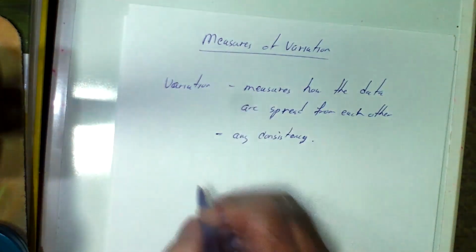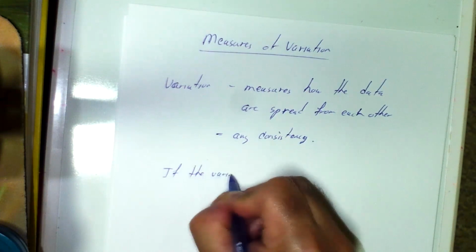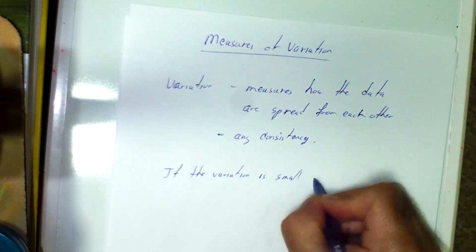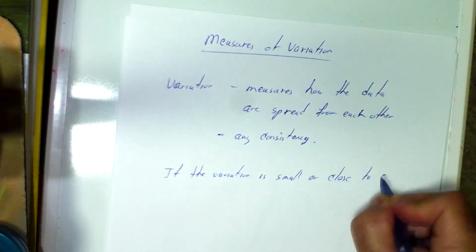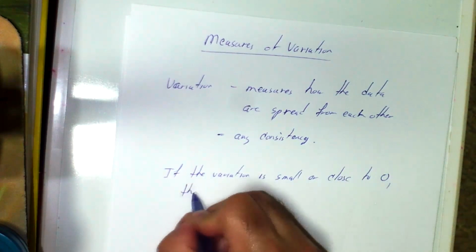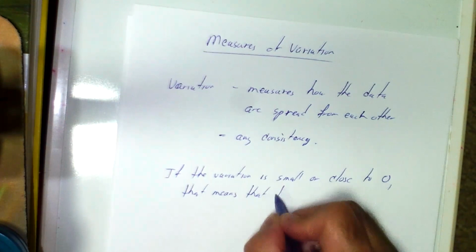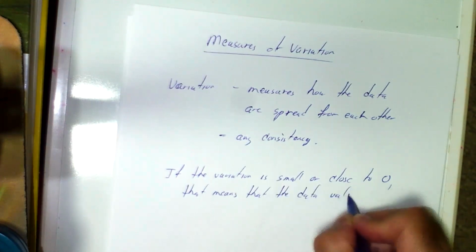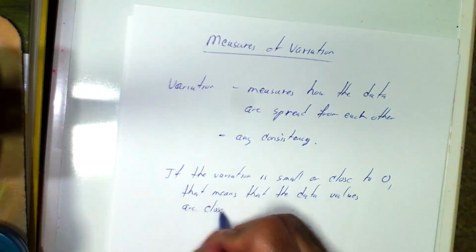So if the variation is small or close to 0, that means that the data values are close to each other.